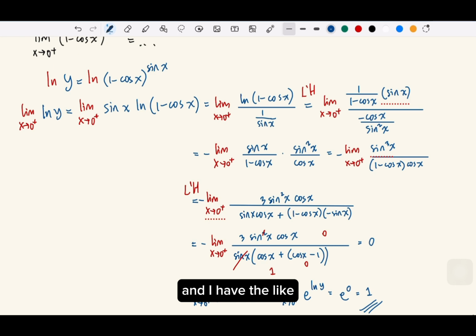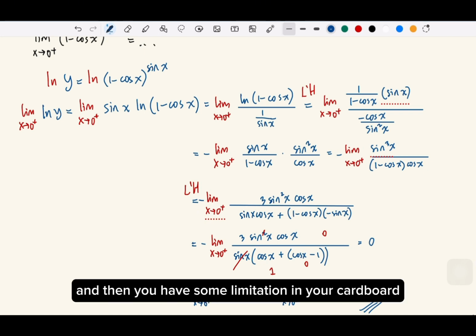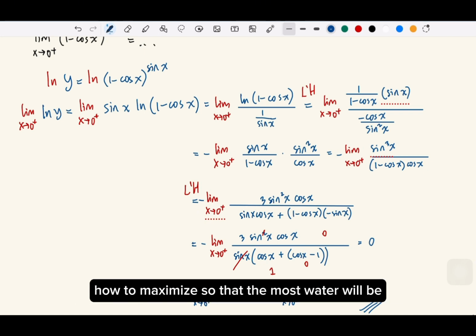You have the cardboard, you want to build a box, and you need to fill in some water. You know the volume of the water, and then you have some limitation in your cardboard. How to maximize so that the most water will be filling in.